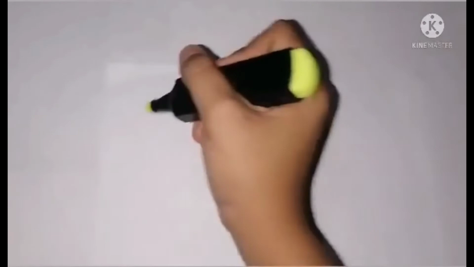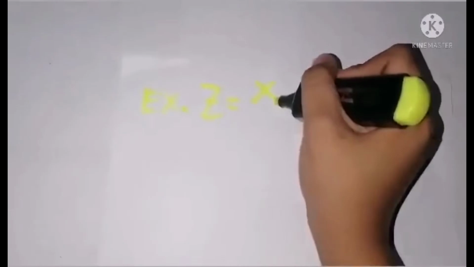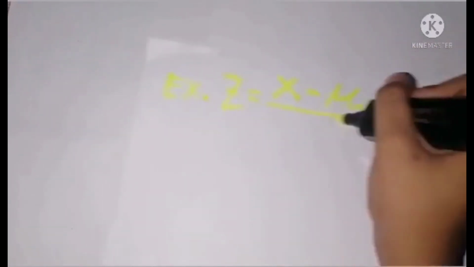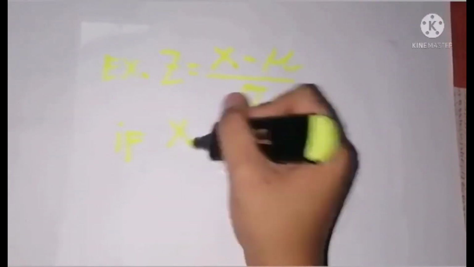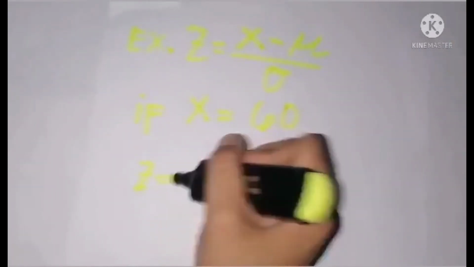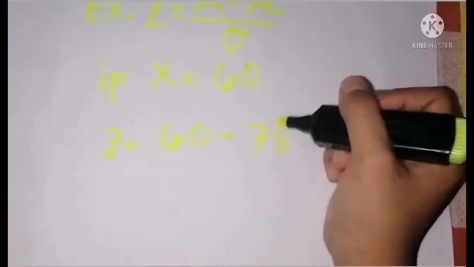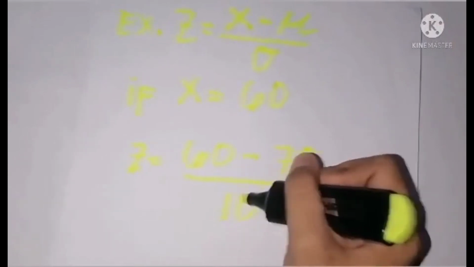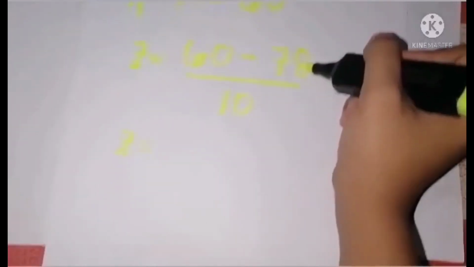Another example naman is yung student na may score na 60. So, ganun pa rin. Z is equals to X minus mean all over the sigma. So, if X is equals to 60, then 60 minus yung mean natin na 78 all over the sigma na 10, tapos ima-minus natin 60 minus 78.